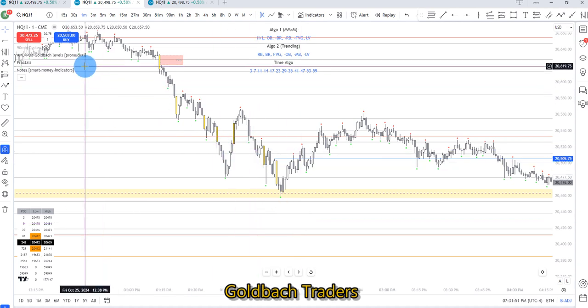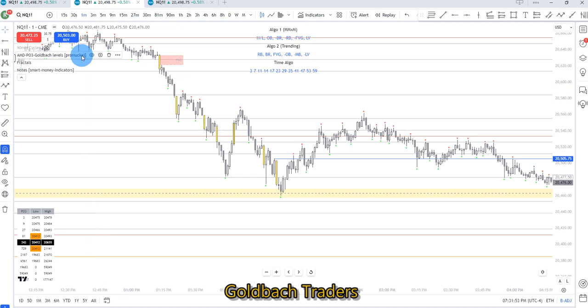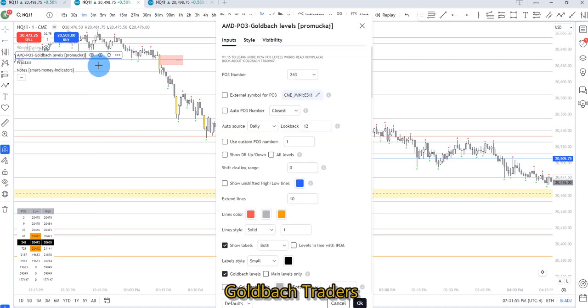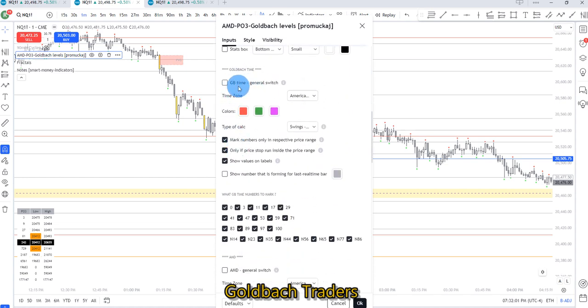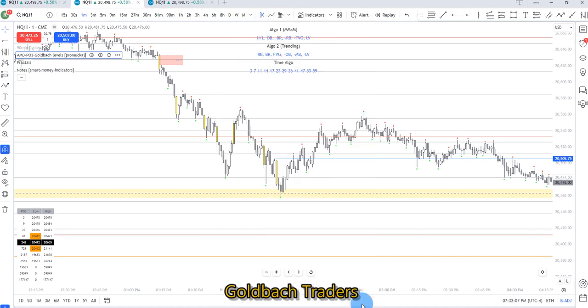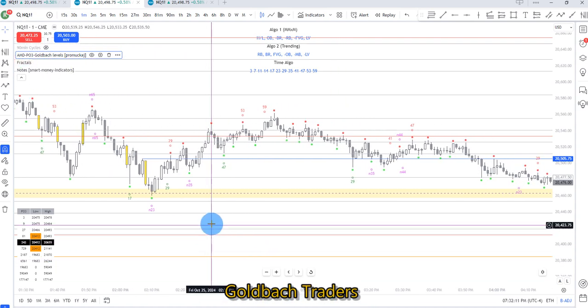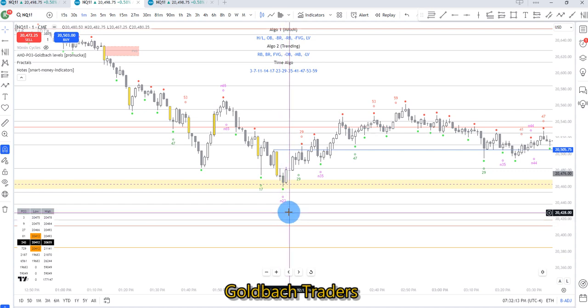Now you had mentioned that you wanted an indicator to do this for you, and you can. On this AMD PO3, just go down to GB time, general switch. Make sure all these are selected. Click it, and ta-da! It starts giving you all of these numbers.